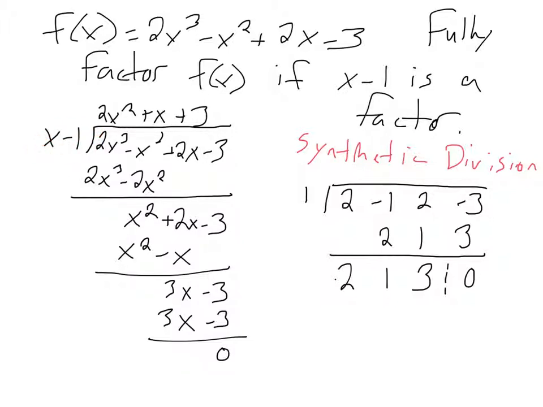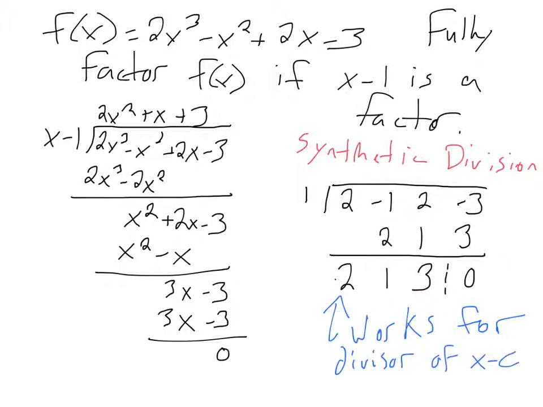So once again, this works only for a divisor of the form x minus c. We can cut out all of this extra stuff because we know we're only dividing by a divisor like this one right here. It's the only reason we can do that. Otherwise, we would have to do the full polynomial long division. So we're going to use synthetic division from now on to do these types of problems.